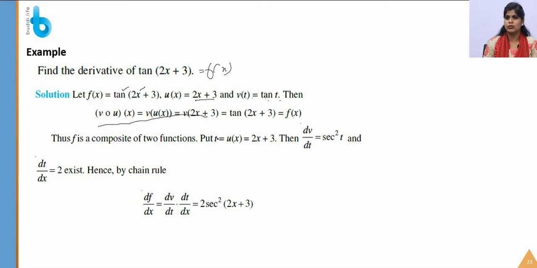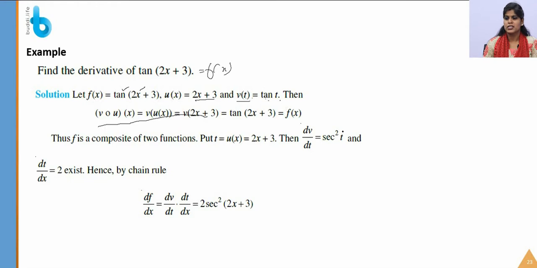Now what do we do? t equals u of x, that is 2x plus 3, and dv by dt, that is, I am differentiating v with respect to t. The derivative of tan t is secant square t. Most important, you should get thorough with all the general derivatives so that you can confidently use them in solving a problem.